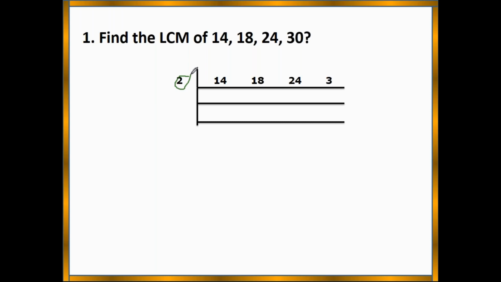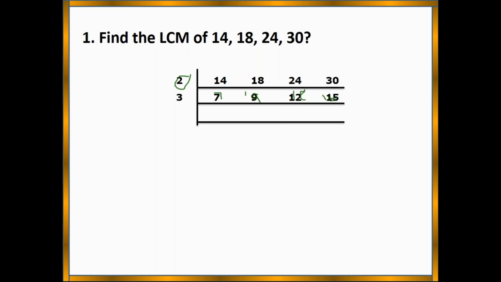So here if you take 2: 2 7s are 14, 2 9s are 18, 2 12s are 24, and for 30, 2 15s are 30.